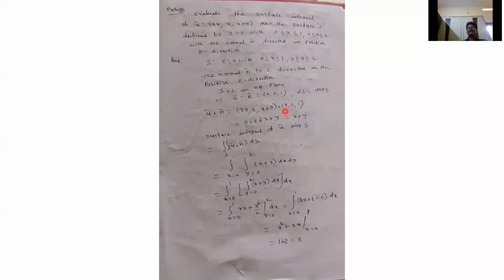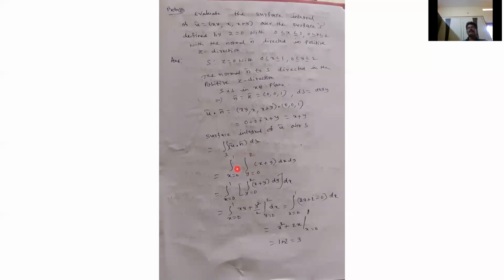So xy into 0, x into 0, x plus y into 1. Finally we are getting x plus y. So u dot n equals x plus y. The limits are already given: x equal 0 to 1, y equal 0 to 2. The surface integral of u bar over S equals the double integral of u dot n ds.